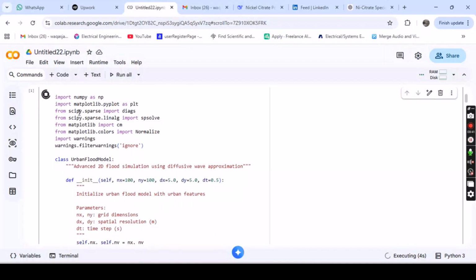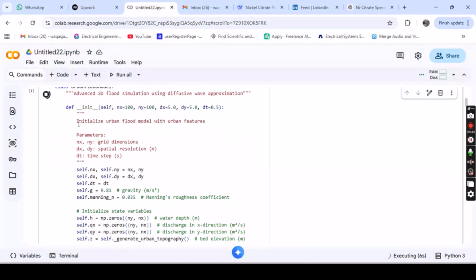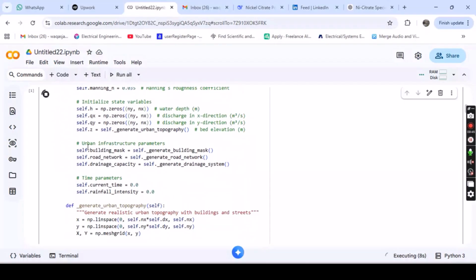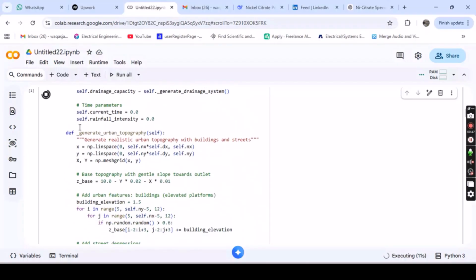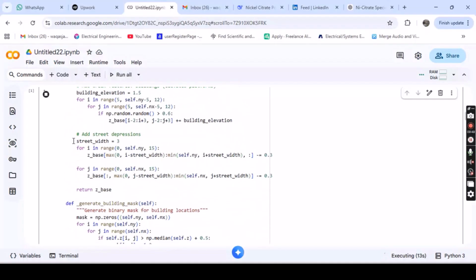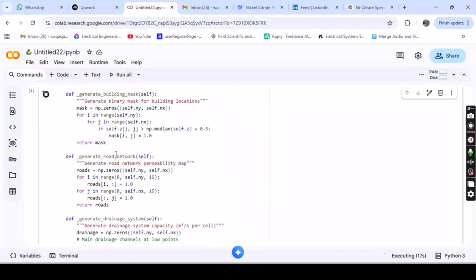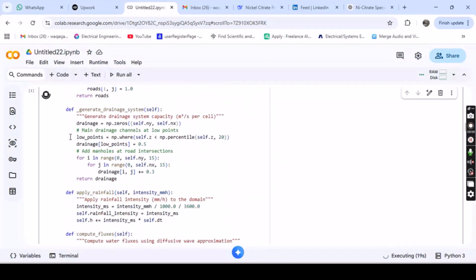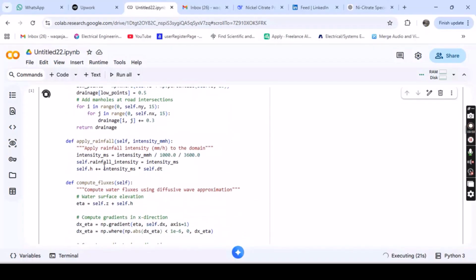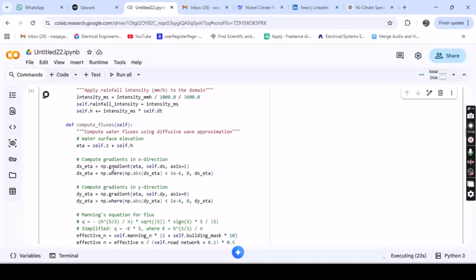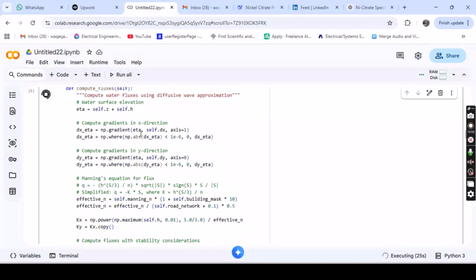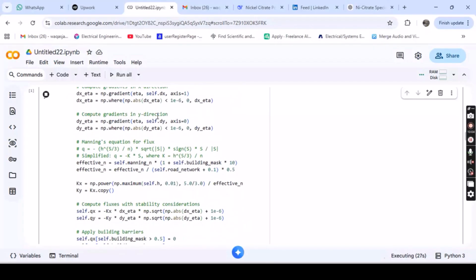These are the Python libraries. Then we have defined the parameters here: reference infrastructure parameters, time parameters, and we have added street depressions. Then we generated the road networks and drainage system, applied rainfall, and computed fluxes as well as gradients in the x and y directions.